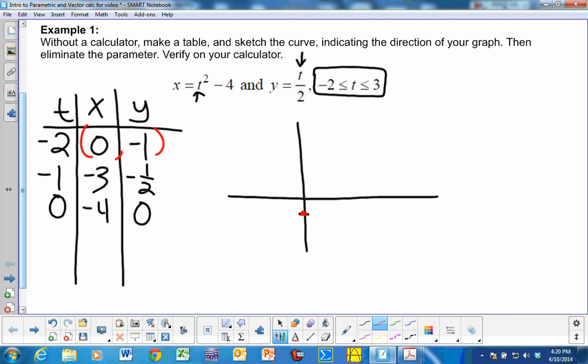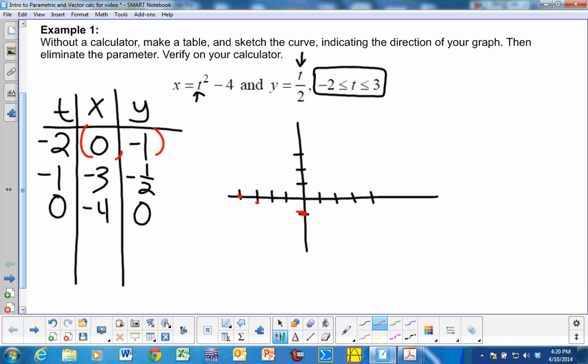And then my next point is -3, -1/2. So let's count off some points here. So -3, -1/2. About right here we put a point. And then -4, 0, we have a point.